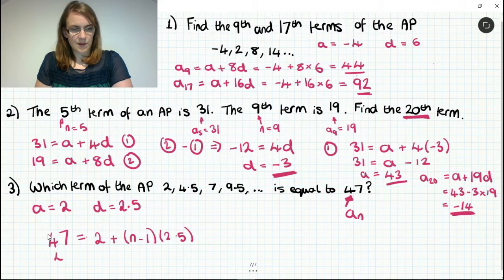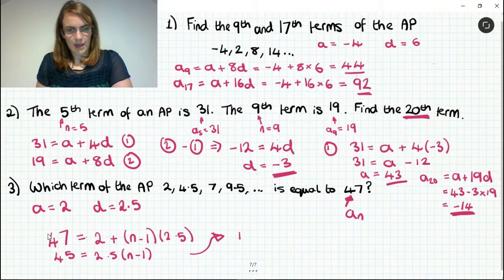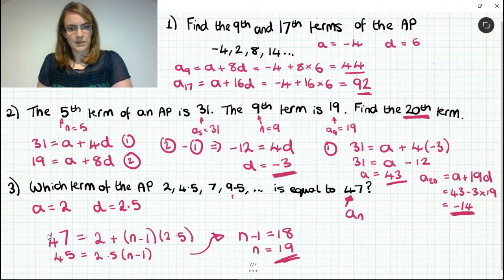So 47 take away 2 is 45, and that's equal to 2.5 n minus 1. So n minus 1 is equal to 45 divided by 2.5, which is 18. And that gives us then that n is 19. So if we were to continue on with this sequence here, our 19th term would be equal to 47.